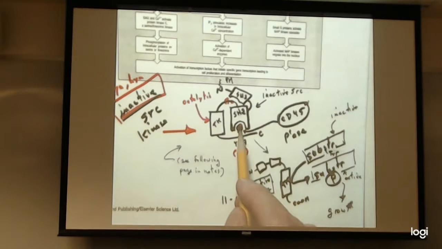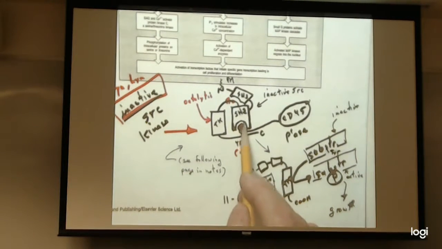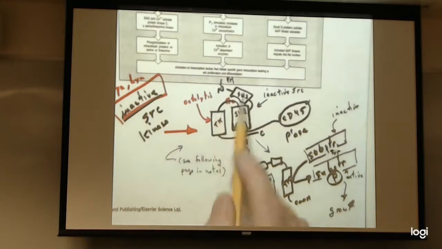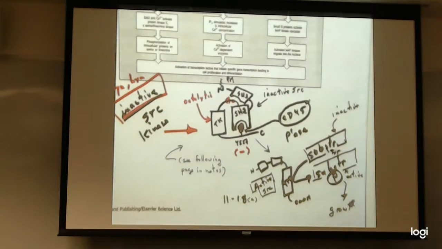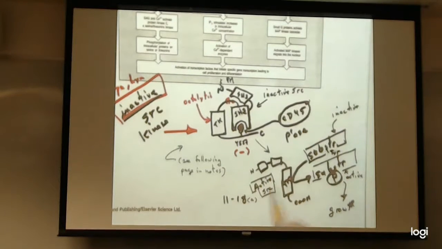And if we remove the phosphate here, then this pops off. We relieve this, the whole Src kinase straightens out, and we relieve the strain on the catalytic activity. So here's the Src, when the SH2 domain has released its grip on the active site here, and now it can then phosphorylate target protein.